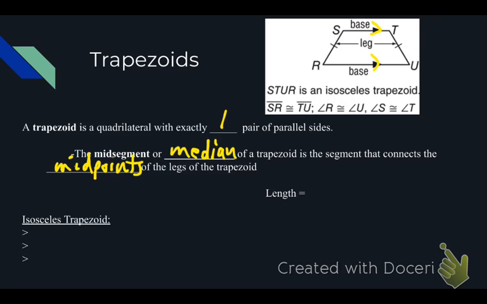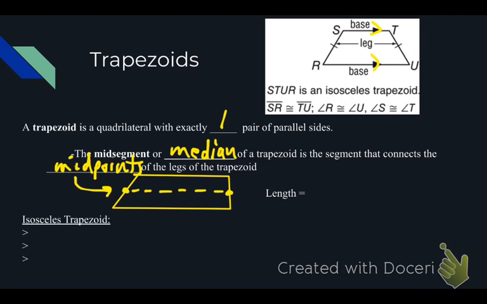So you might want to draw this diagram in your notes up here, but STUR, it's a trapezoid. If I connect the midpoints of the legs, okay, so here's a leg, TU, here's a leg, SR. If I find the midpoint of those and connect them with a segment, that would be what we call the mid-segment, or the median is another word for that.